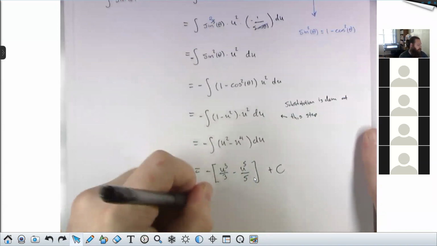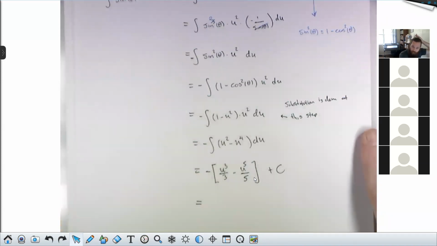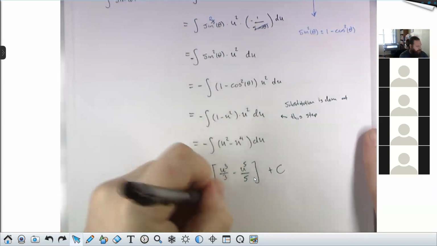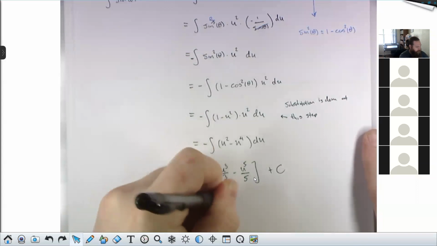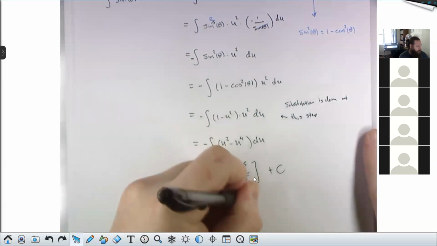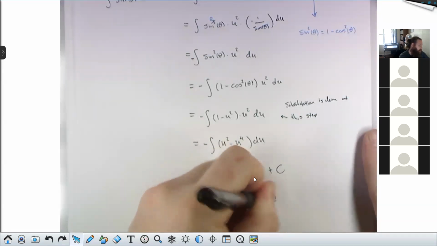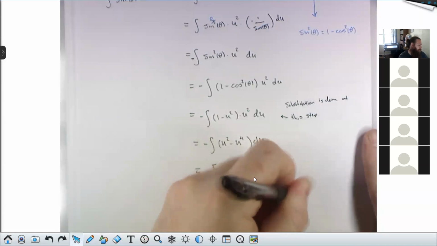And now at the very end, having found our antiderivative, we can plug back in u is cos theta. I'll also distribute the negatives. This is negative cos cubed theta over 3 plus cos to the 5 theta over 5 plus c.